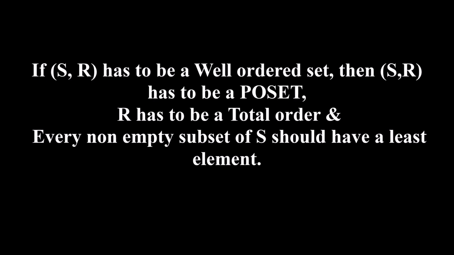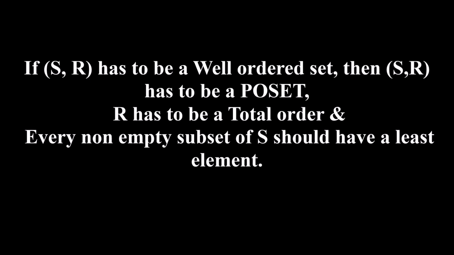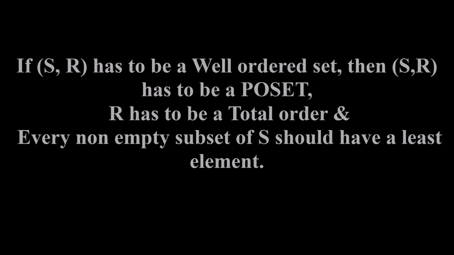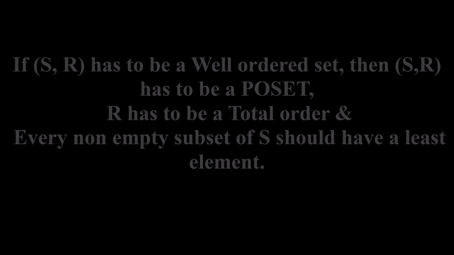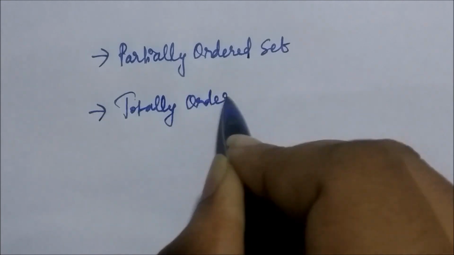And it also has to be the case that every non-empty subset of the set S has a least element. If this is the case, then we say that the set S together with the relation R is a well-ordered set. Okay, so we have seen today in this video partially ordered set, totally ordered set and well-ordered set.